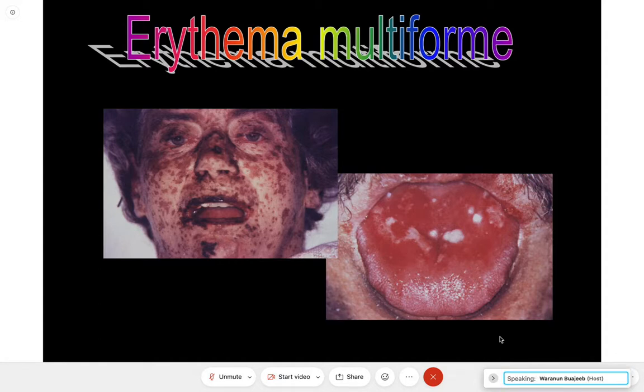It's called major erythema multiforme. But for Stevens-Johnson syndrome, you can see eye lesions, skin, oral cavity, and also genital lesions, mostly caused by a drug, maybe carbamazepine or sulfonamide. This is quite severe and needs admission to the hospital.